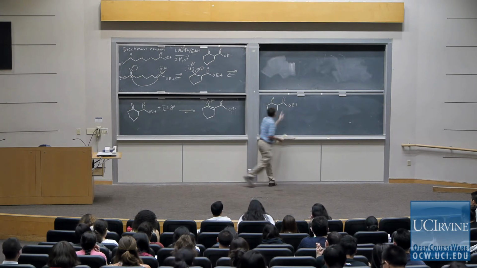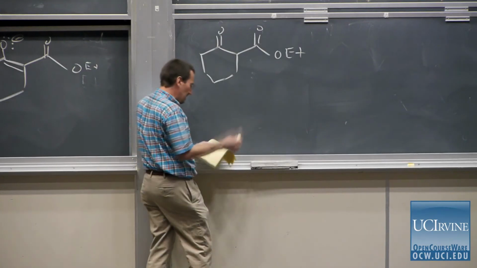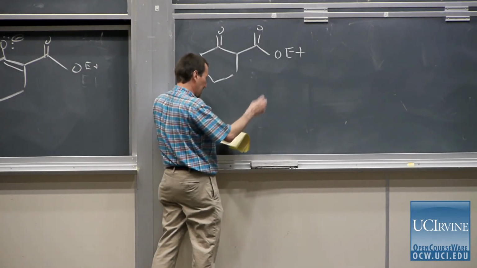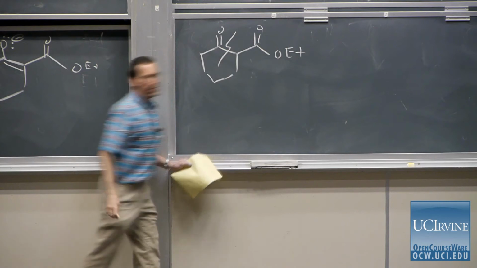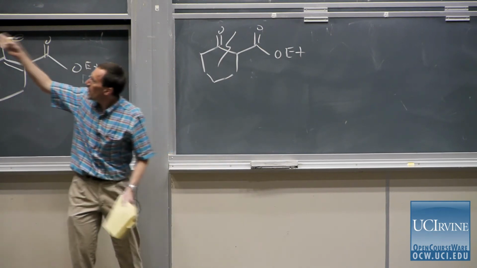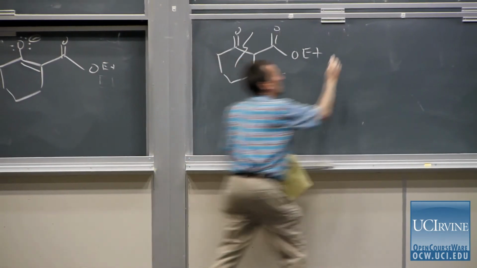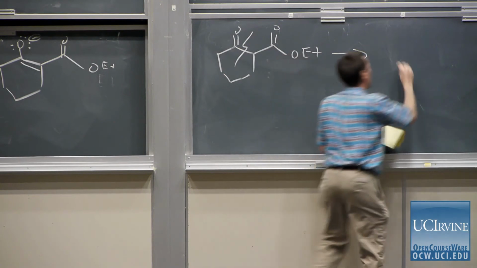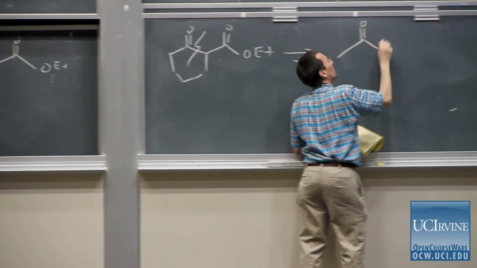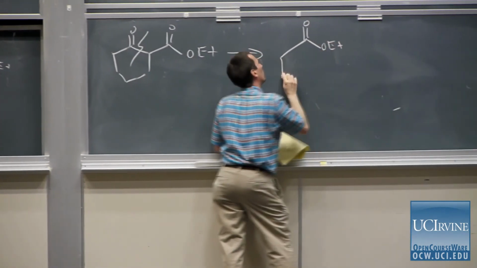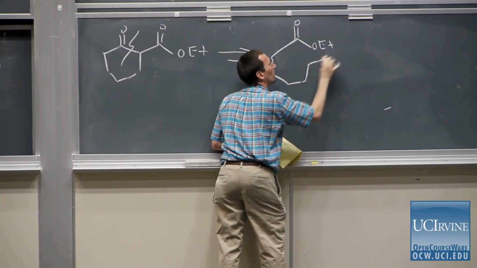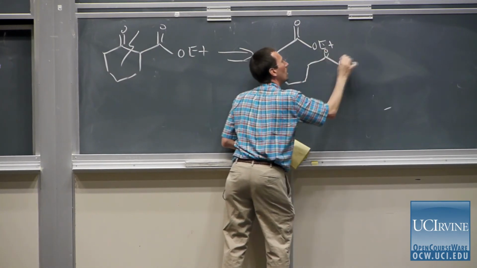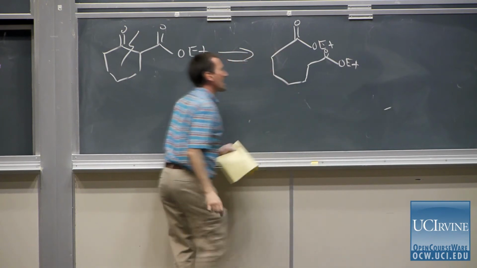Okay, but what about this one? Well, remember, this is our retrosynthetic analysis that we've been learning about. It's a 1,3-dicarbonyl compound. The way we see it over here, you break it apart retrosynthetically, like so, to this diester.